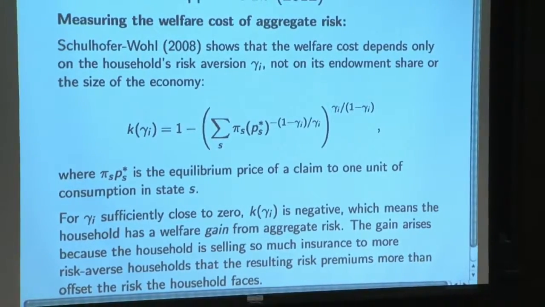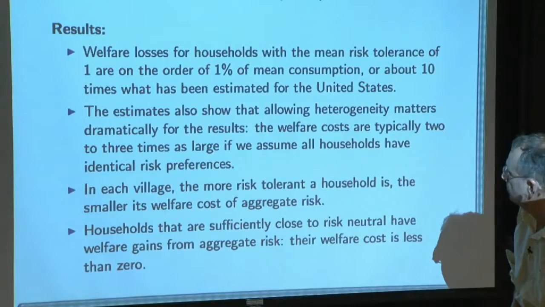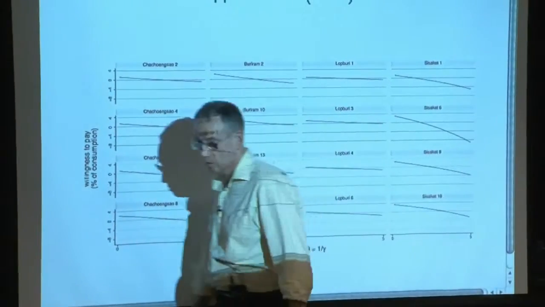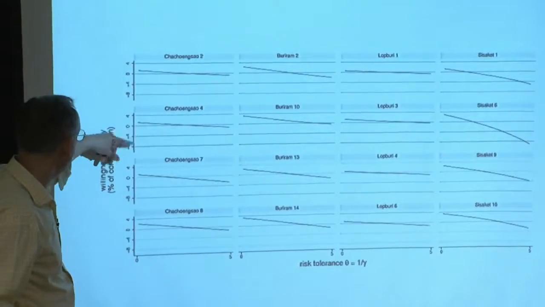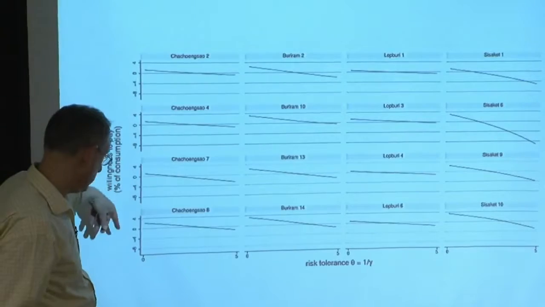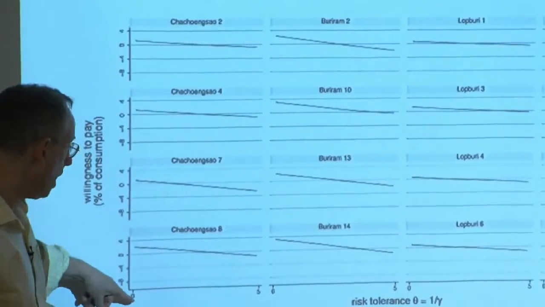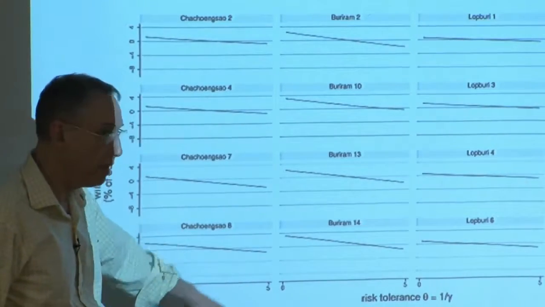And although this slide is a bit tiny, village by village, this is 0. So basically, we're lining up the households by their degree of tolerance, from very risk averse to not very.